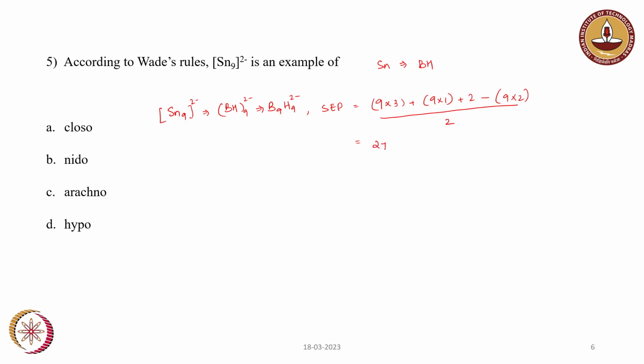That is 27 plus 9 plus 2 minus 18 divided by 2, which is equal to 10, which is n plus 1. N equal to 9 will be closo. So we have n equal to 9. So the structure is closo.